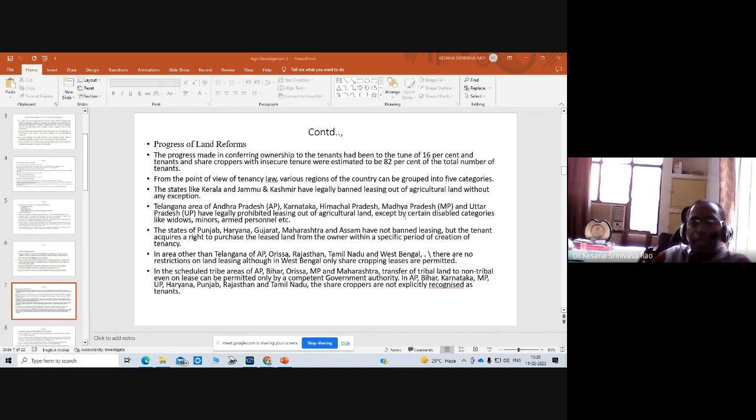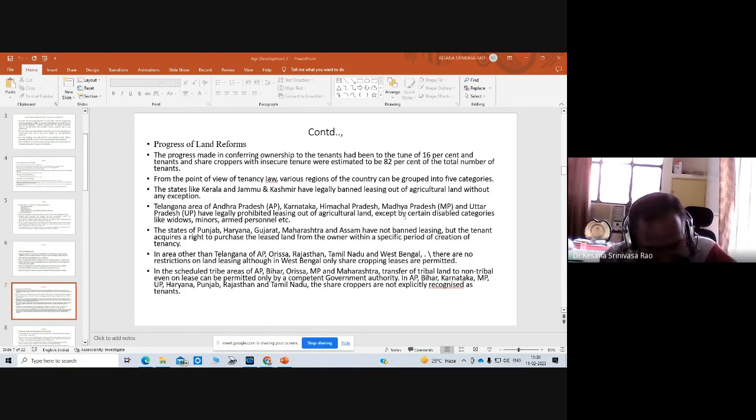In AP, Bihar, Karnataka, MP, UP, Haryana, Punjab, Rajasthan, and Tamil Nadu, the sharecroppers are not explicitly recognized as tenants. Because of tenancy recognition, the owner is not in a position to officially enter the farmer who is cultivating his or her land.